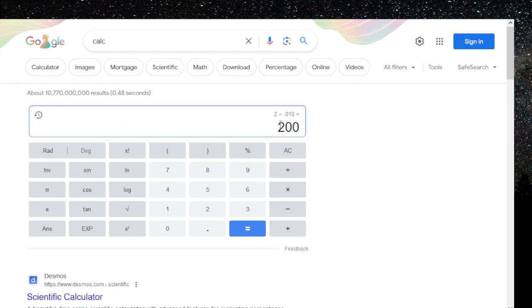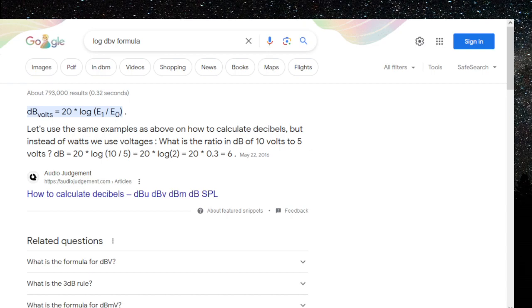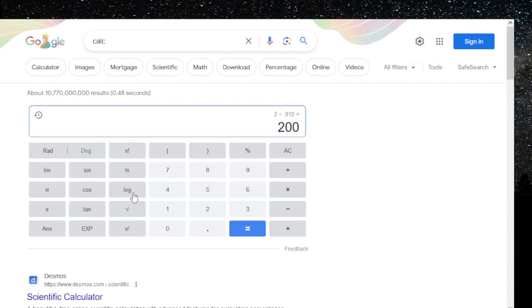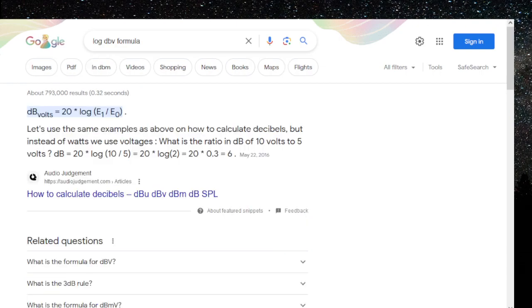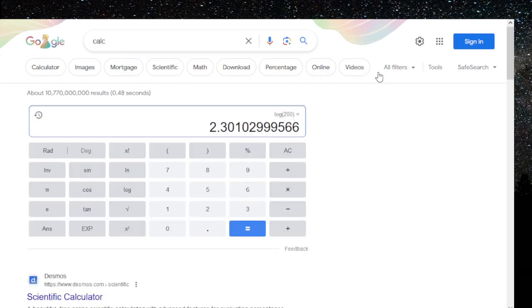We're looking for a gain, so that number is 200. Now we take the log of 200, and then we multiply that times 20. It says that's a 46 dB gain difference.